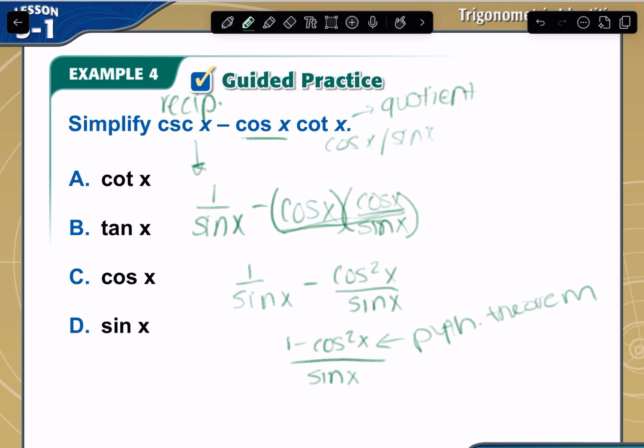One of the ways that we rewrote it, or you can think about rearranging it, is that sine squared is equal to 1 minus cosine squared. So I have 1 minus cosine squared. So I'm going to change the top of this to sine squared x over sine x. So kind of the same ending as the other example 4 that we just did. Now I have a sine squared x divided by a sine. They would both lose a sine, and then I'm just left with one sine in my numerator.